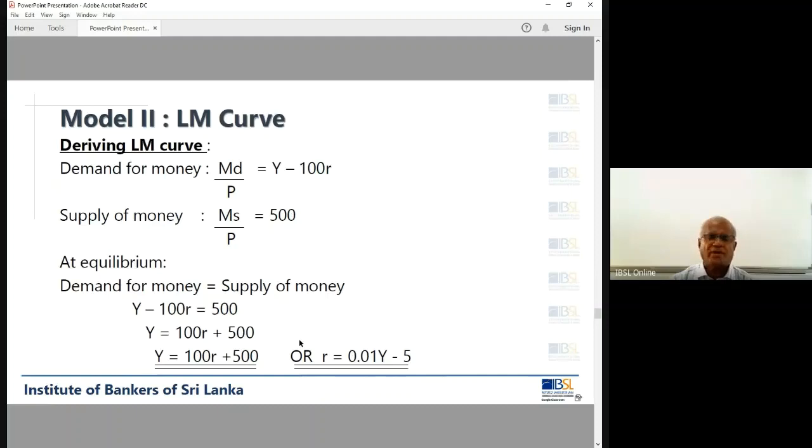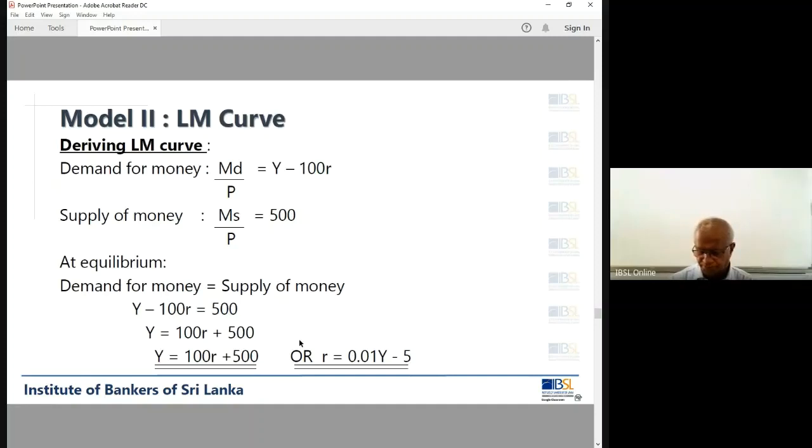LM curve. Demand for money is Y minus 100R. The money supply is 500. At equilibrium, demand for money equals supply of money.